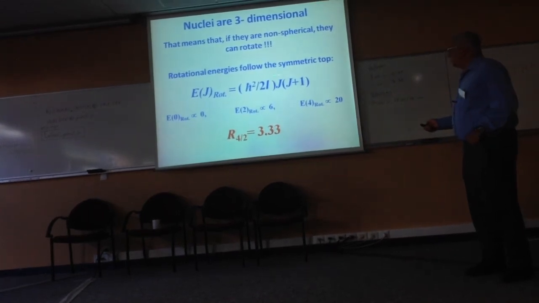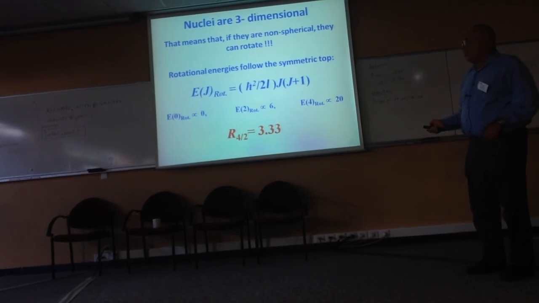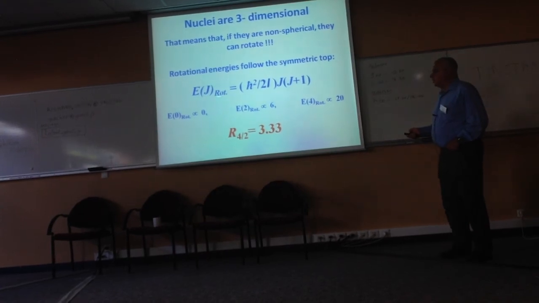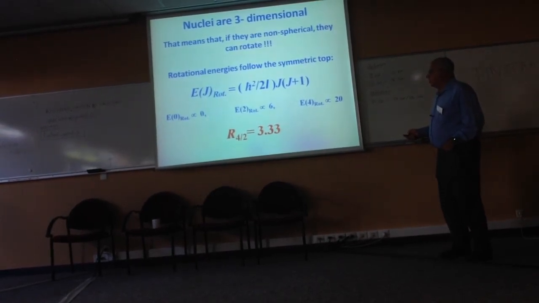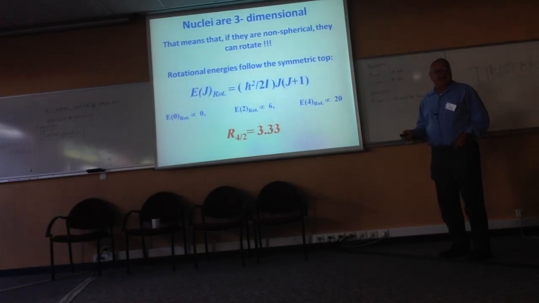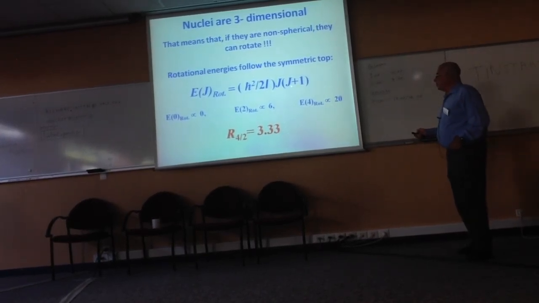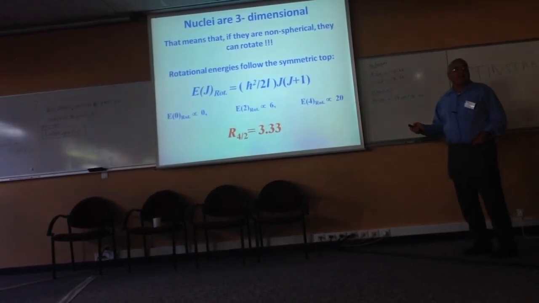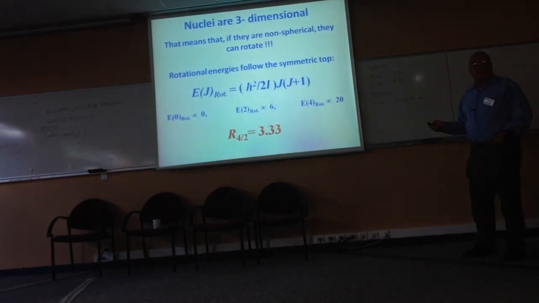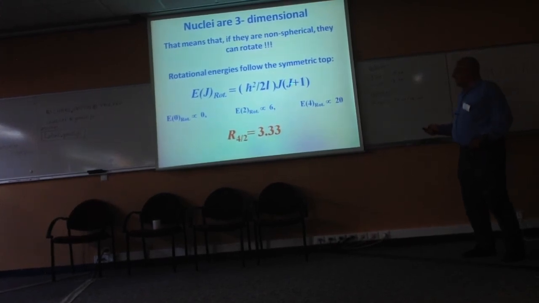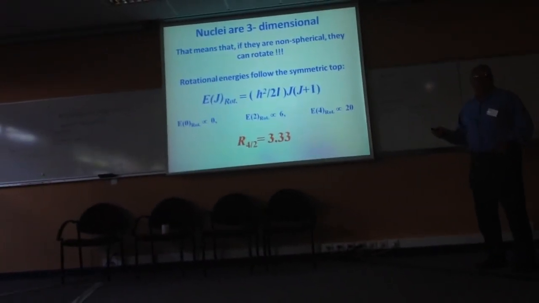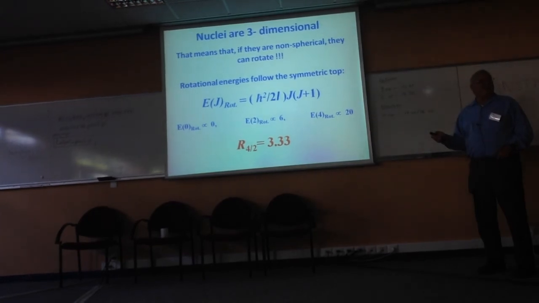And now I want to use this simple formula and just get one result very quickly. Suppose I put angular momentum 0 in here. Can anyone tell me what this is equal to? There's a hint here. Everybody see that? Okay, suppose I put angular momentum 2. Well, it's going to be proportional, I don't care about that, 2 times 3. Can anyone do that without a calculator? Somebody want to tell me? 6, good. And now a little more complicated, 4 times 5. 20.